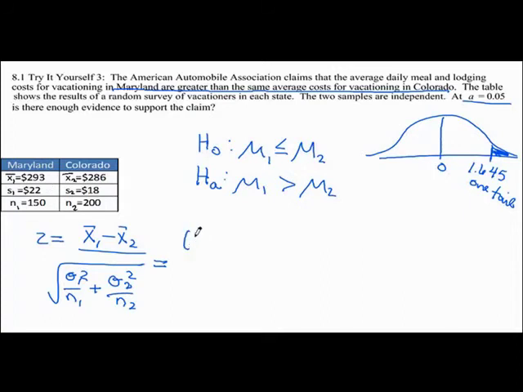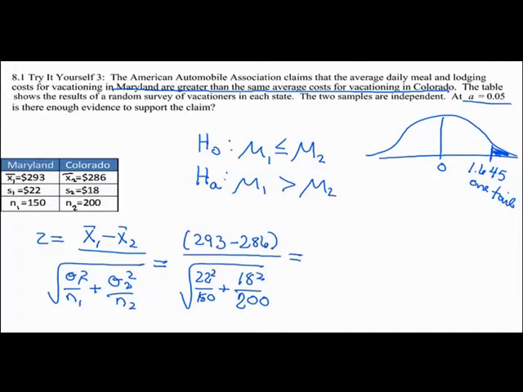So that's going to give us 293 minus 286 divided by the square root of 22 squared over 150 plus 18 squared over 200. Let's take a minute and do that in our calculator.